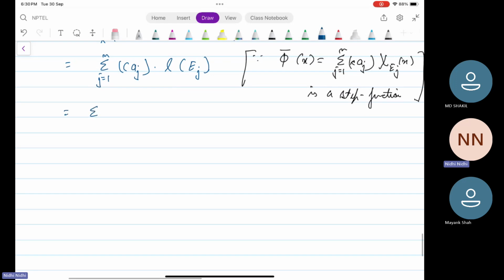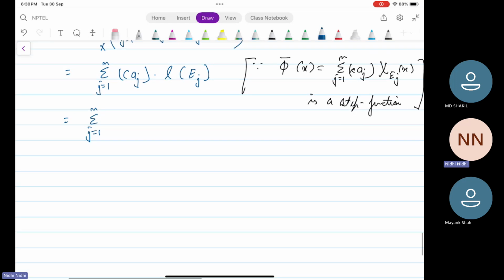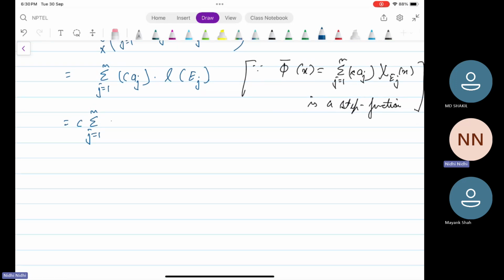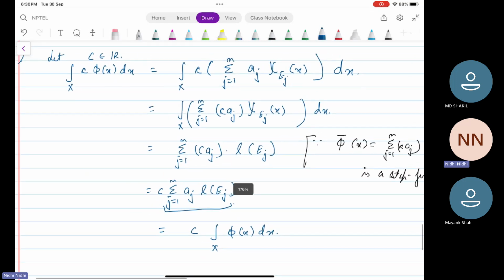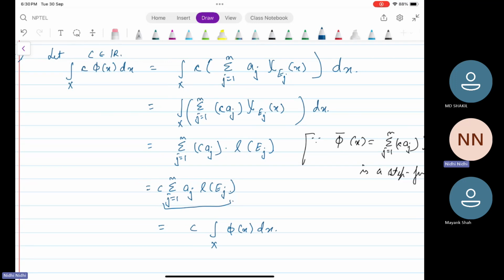Okay, so in this case, we don't need anything else. I can take the c outside the summation. This will be the length of ej. Now this is nothing but the integral over x of the function phi x dx. So yes, we can take the c outside. I hope this is clear.